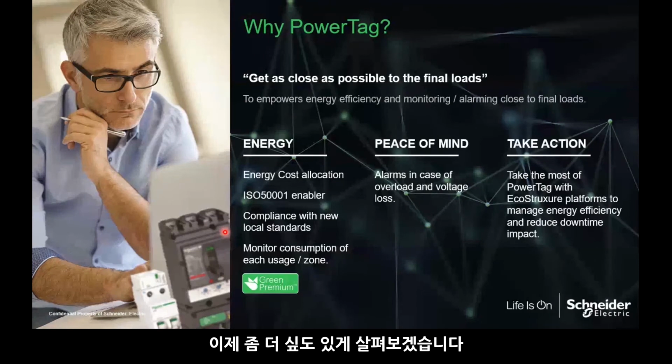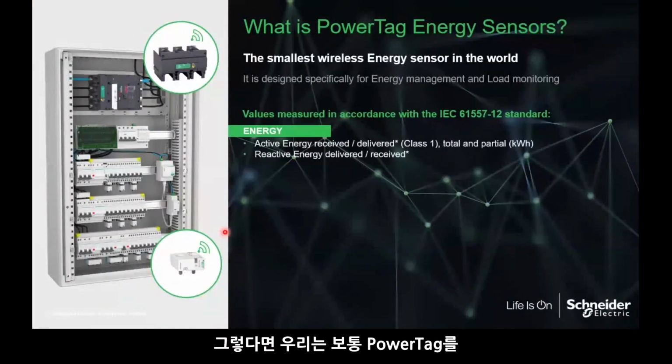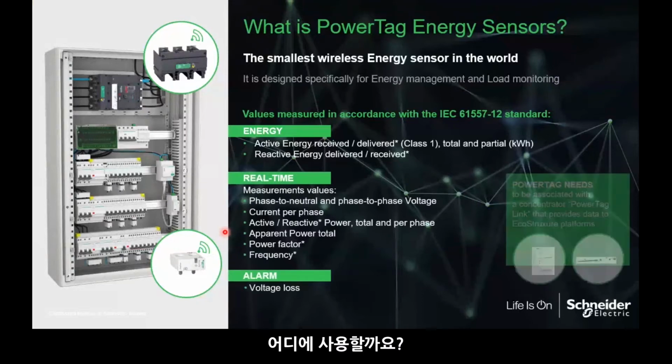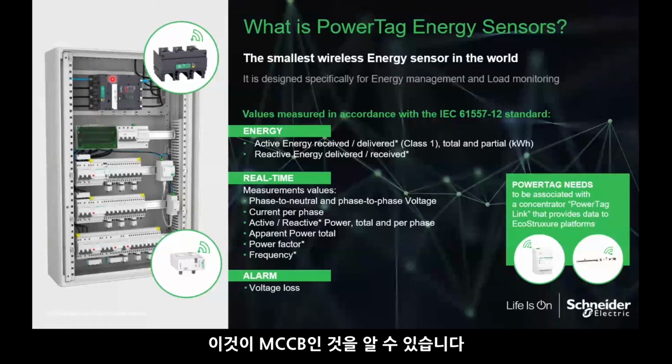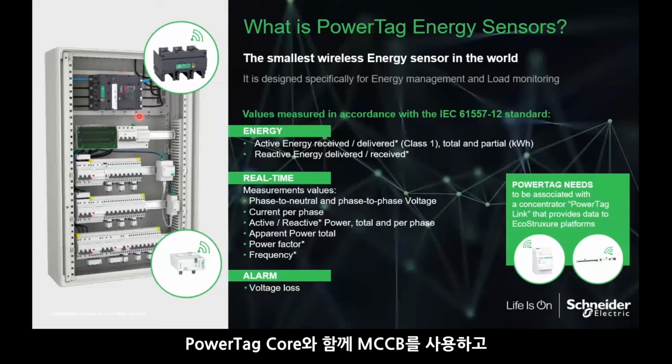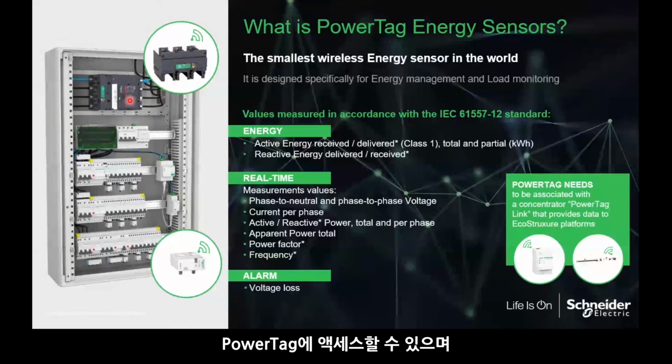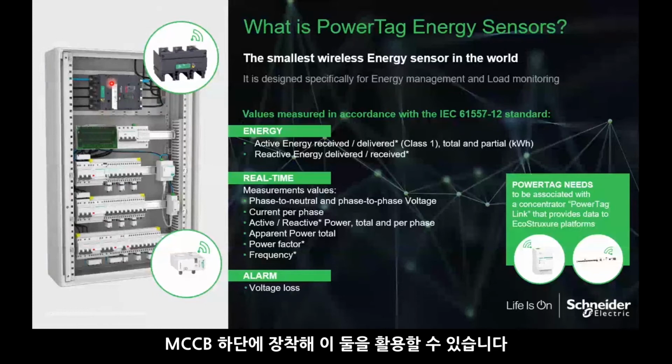Let's go deeper into it in the next few slides, then you will understand more about this. So where do we normally use PowerTag? As you know, at the sub-switchboard level, where there's an MCCB, we can use the MCCB with a PowerTag called NSS PowerTag, which we can attach to the bottom of the MCCB.